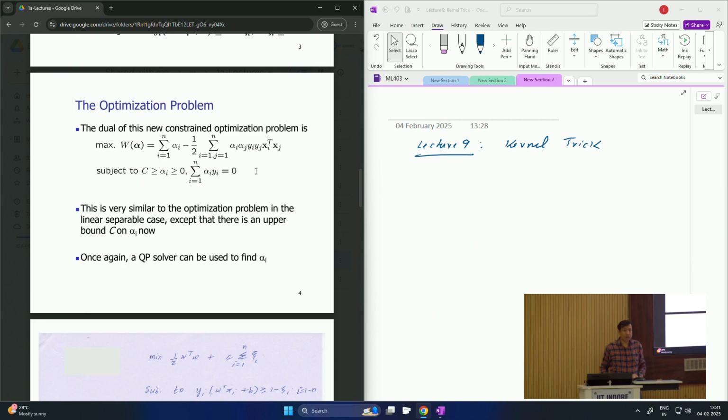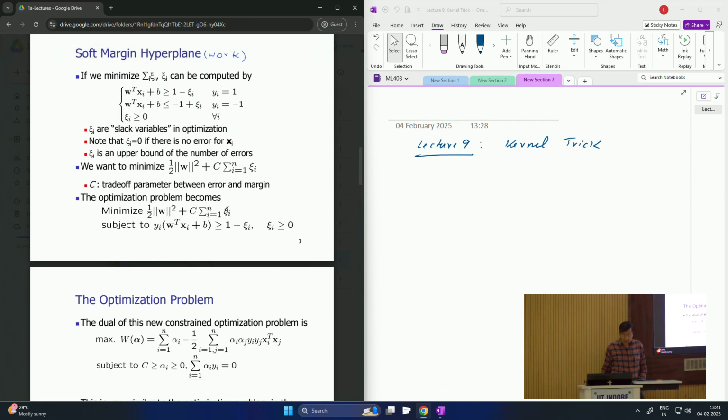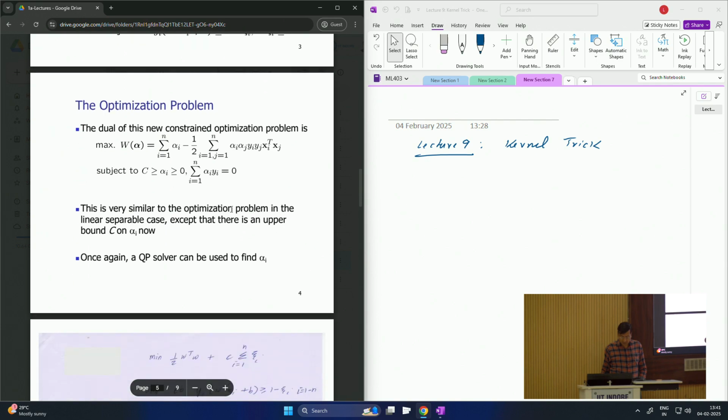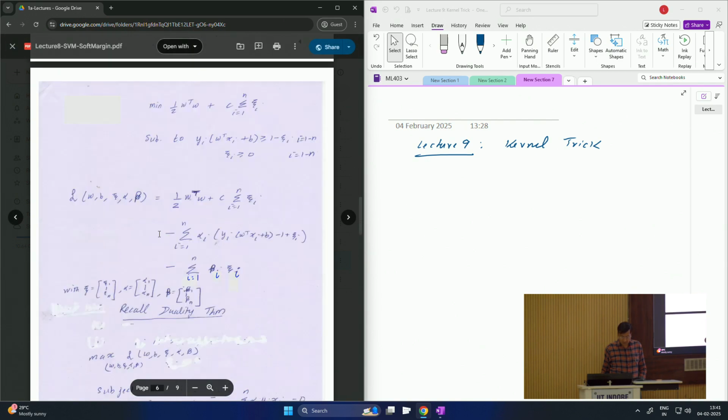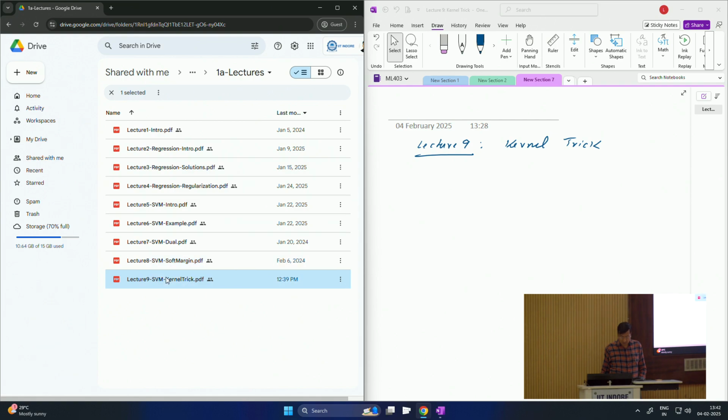The difference between the hard margin and the soft margin is only that a C comes in as a bound, where C is the error which you are allowing for every point to go inside the margins. So that is the zeta times C, the constant which is adding up in the objective function. That is what we had done, and we had derived this also. I'm assuming that you are comfortable with it.